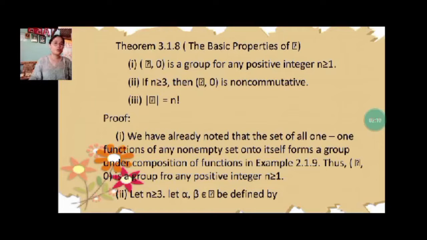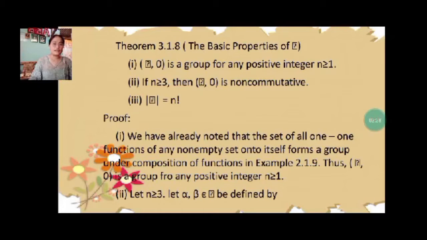So, proof. Number 1, we have already noted that the set of all one-one functions of any non-empty set onto itself forms a group under composition of functions in example 2.1.9. Thus, S sub n with composition is a group for any positive integer n greater than or equal to 1. Number 2, let n be greater than or equal to 3.